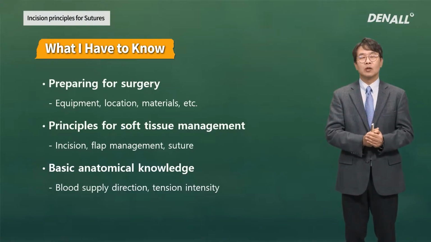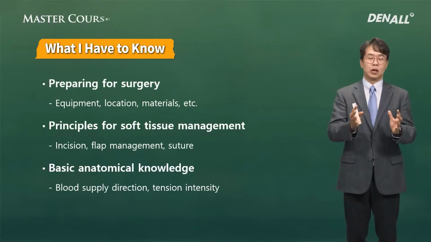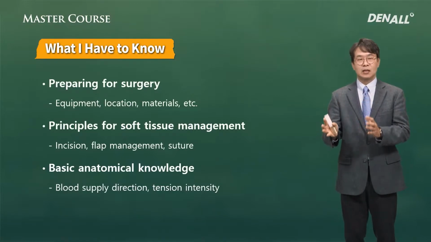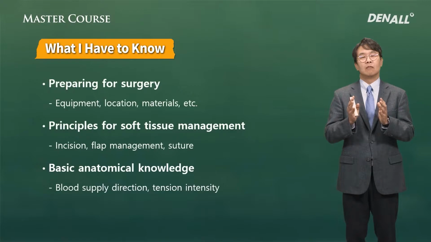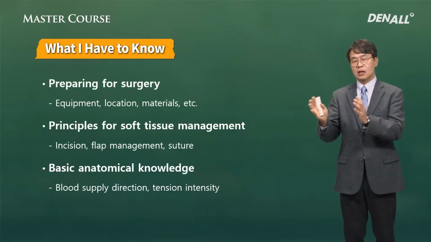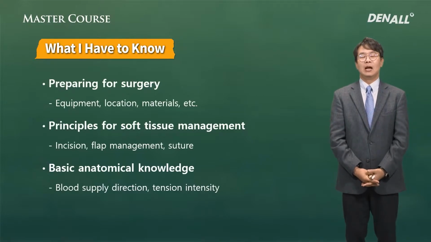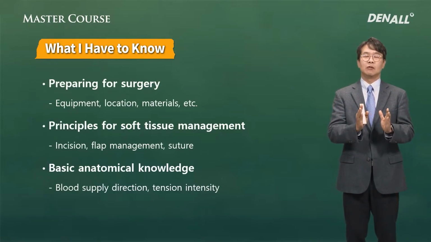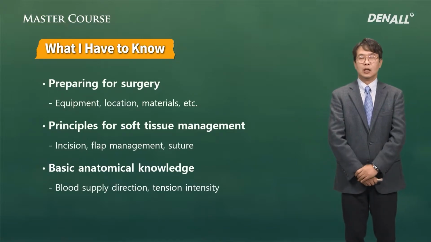So we need to know the blood supply direction and the tension of the flap or the tension of surrounding tissues in order to know what we can do based on the knowledge. So we have to identify what I can do and what I cannot do.